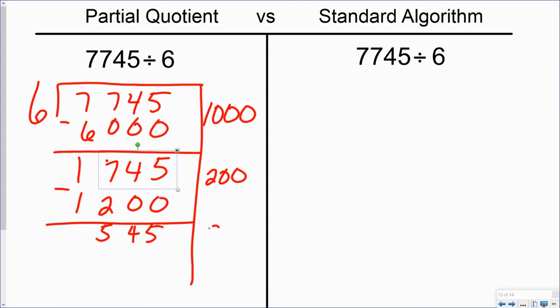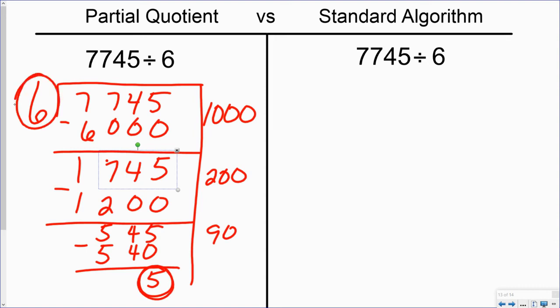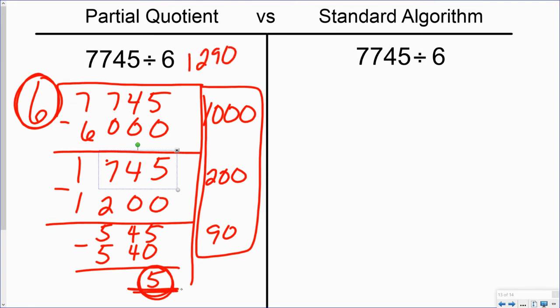It goes in there probably about 90 times, which would give me 540, and I have 5 left over. This number down here is less than this number here, so that's as far as I can go at this point. So now I add these up, and that gives me 1,290, and then I have this 5 left over down here, so remainder 5.